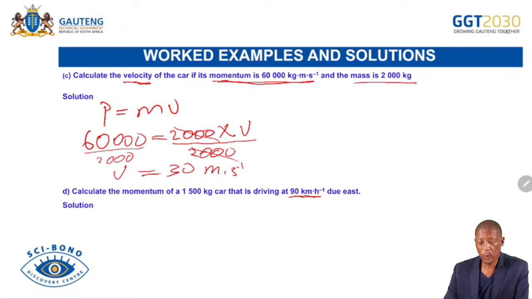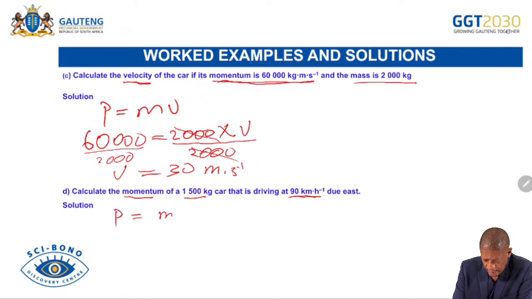I always say to learners, they want us to calculate momentum. We are given this, right? I'll use P equals mv, which is what they want us to calculate. However, we have the mass and we have the velocity, but our velocity is in kilometers per hour.